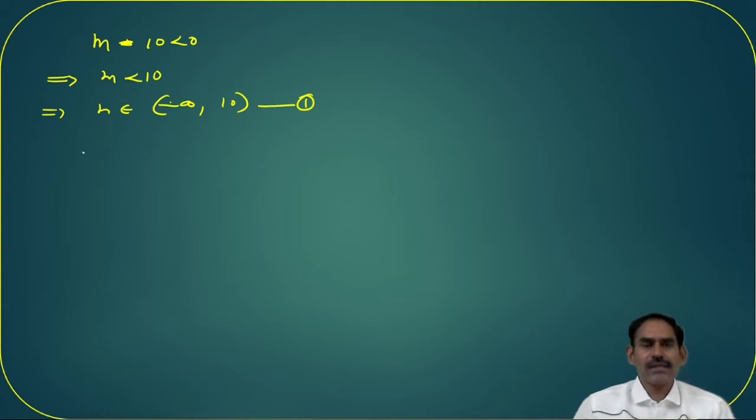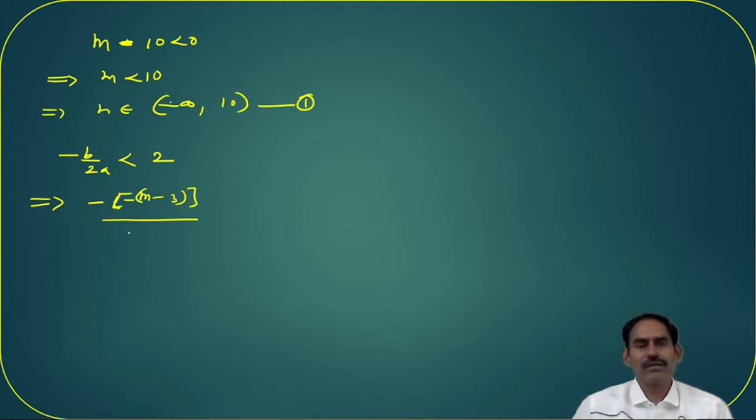Next, the second condition: minus b by 2a is less than 2. Here b is the coefficient of x, which is minus (m minus 3), divided by 2 into 1, is less than 2.